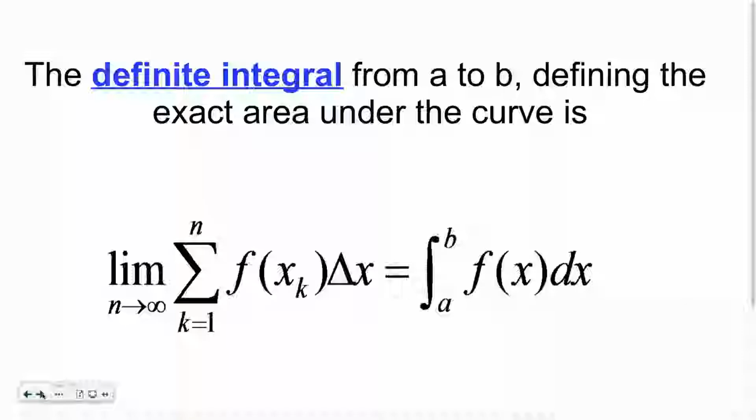So without a and b, we call it an indefinite integral. With a and b, we call it a definite integral. And what we are finding when we take an integral from A to B, I never changed your attendance.